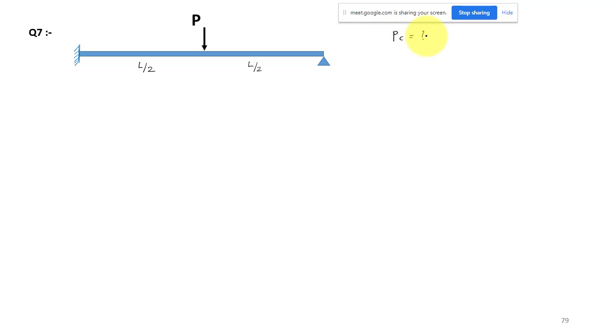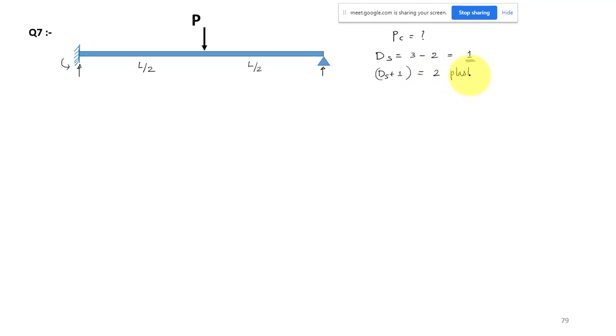So we have a propped cantilever beam, and here what is the degree of static indeterminacy? For vertical load I have 3 reactions, so 3 minus 2, so your static indeterminacy is 1. That means we need Ds plus 1, so we need 2 plastic hinges for the failure.